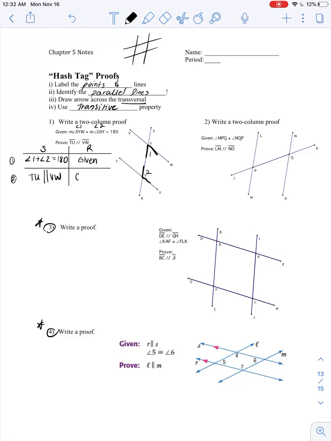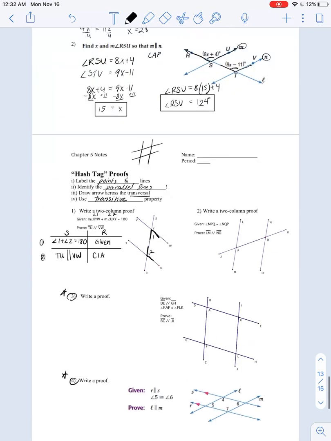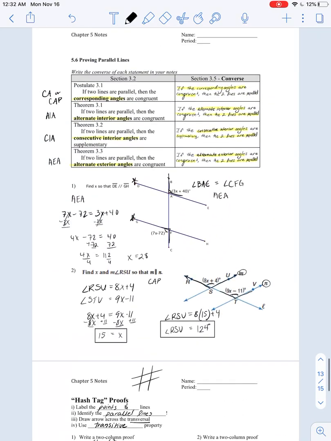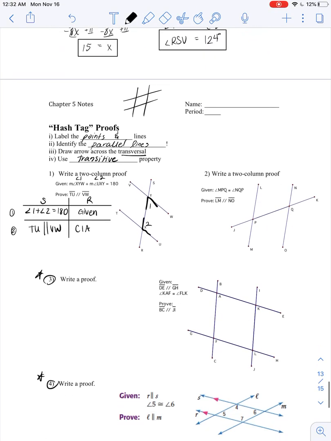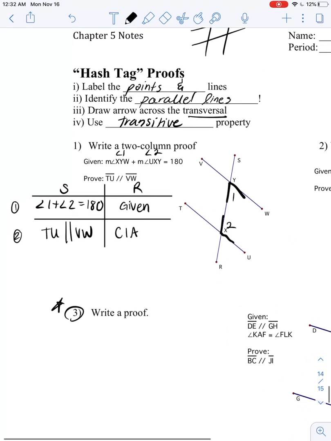TU is parallel to VW, and that's because of these 2 angles adding to 180, meaning that they are consecutive interior angles. And if you think back to what we went over up here, we said consecutive interior angles: if the consecutive interior angles are supplementary, then the lines are parallel.